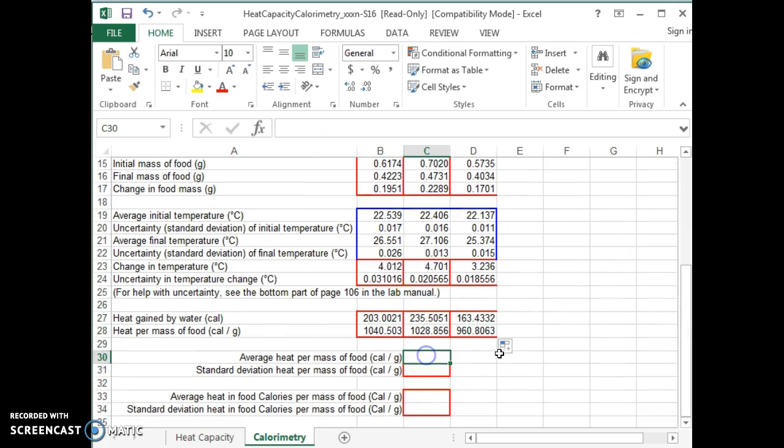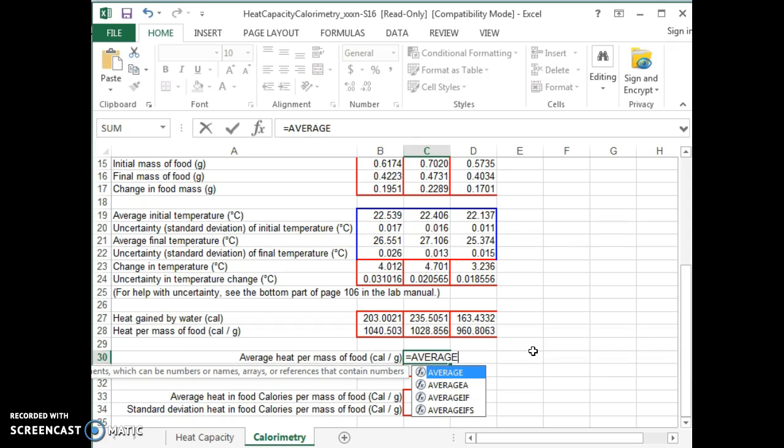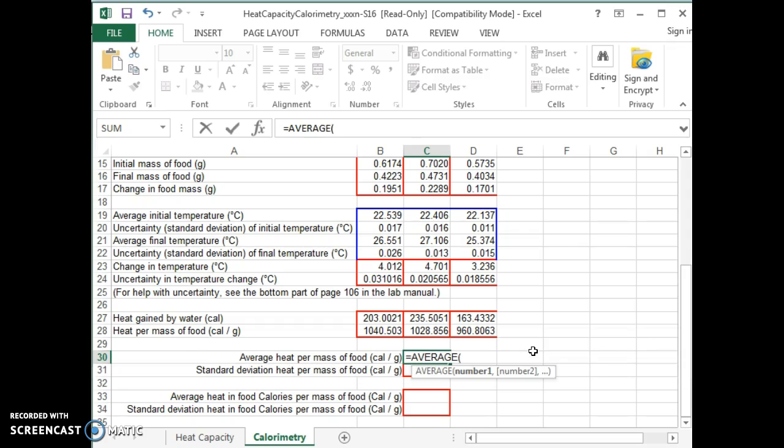All right, so average. On all of your spreadsheets for this lab, we'll always be doing averages and standard deviations. So again, it's a red box, hit equals. The function is average. Open your parentheses. You're trying to find the average heat per mass of food, which is this row right here.